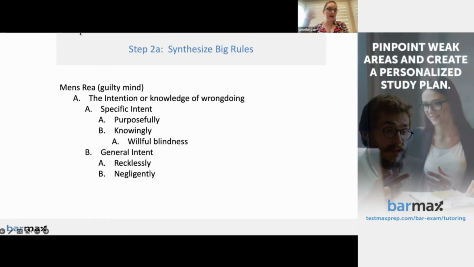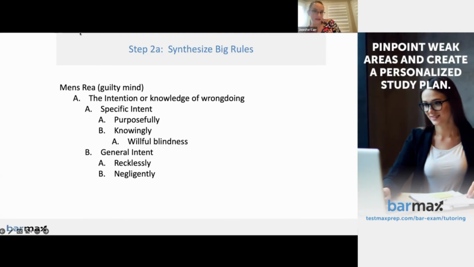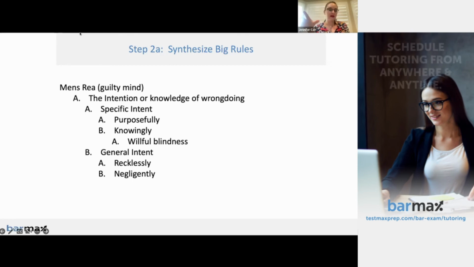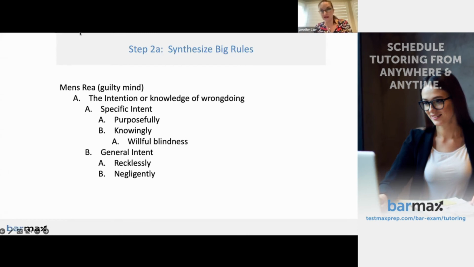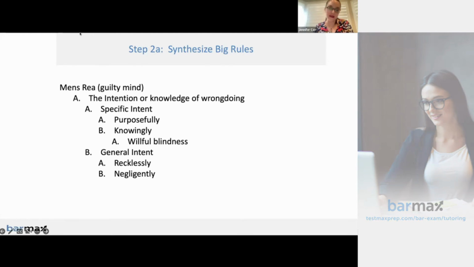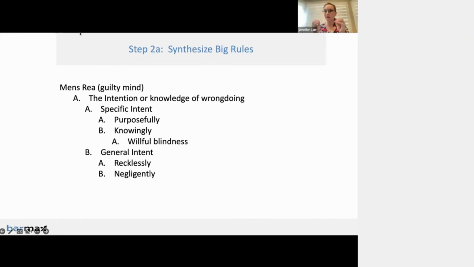So maybe I talk about attendant circumstances. Other scholars might use concurrent circumstances. Those mean the same thing, right? But if you start talking about concurrent circumstances, I'm like, okay, you got that somewhere else.